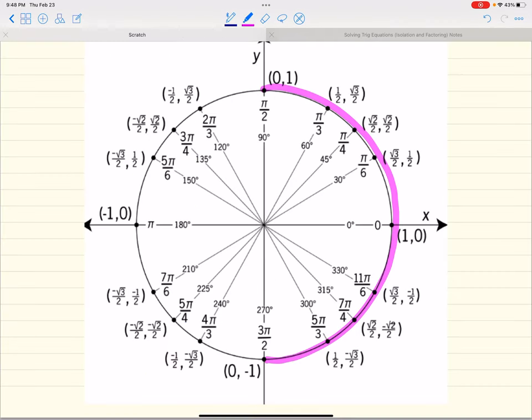My tangent is going to be equal to +1 here. That's where I can divide my sine by my cosine and get a tangent of +1. So again, radical 2 over 2 divided by radical 2 over 2 makes 1. So that's the only angle in the interval we're looking at that has that value for tangent. So the one solution is going to be pi/4.